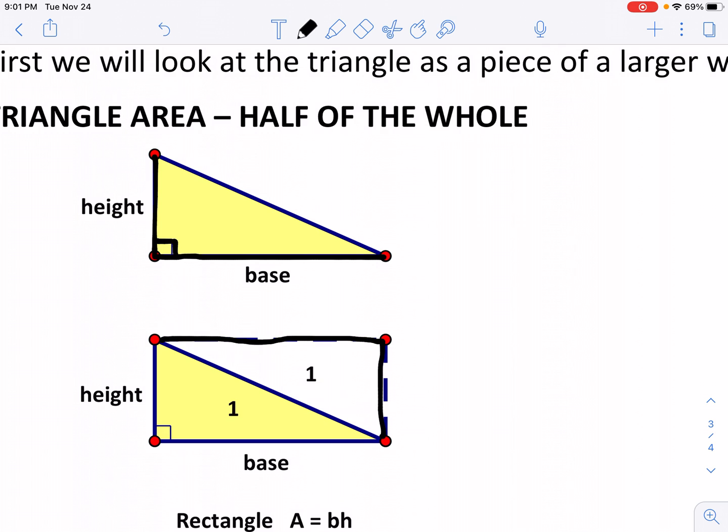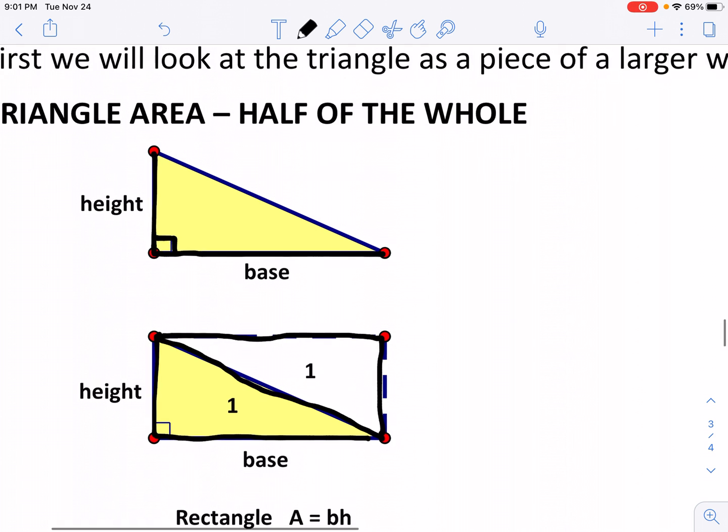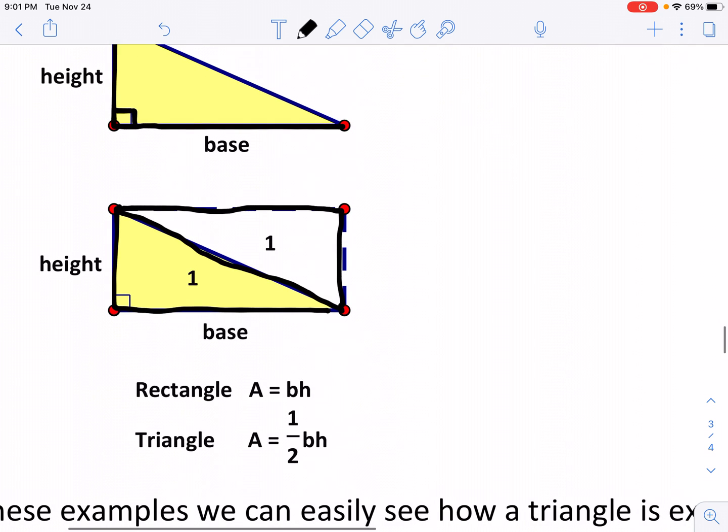Well, what do we know about the area of a rectangle? It's base times height. Well, this triangle is half of that rectangle. It contains half of the area. Why? Because those 2 triangles have the same area. In other words, it's double one of the triangle's area. So the area of this rectangle is base times height, but then the area of the triangle is half of that. So the area of a triangle is half base times height.